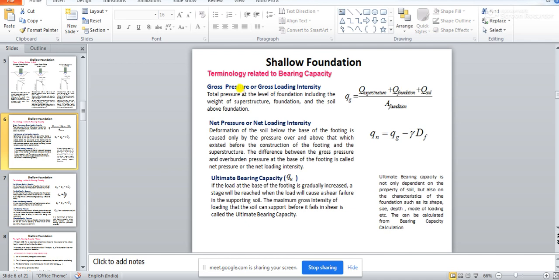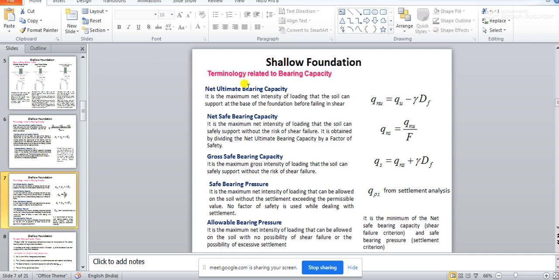First you should understand gross pressure intensity, then net pressure, then ultimate bearing capacity. From ultimate bearing capacity you get net ultimate bearing capacity. From net ultimate bearing capacity you get net safe bearing capacity. From net safe bearing capacity you get gross safe bearing capacity, and then there is another term, safe bearing pressure, which is not related to the shear failure criteria but to the settlement failure criteria, which we will understand separately in another chapter on settlement analysis of soil.